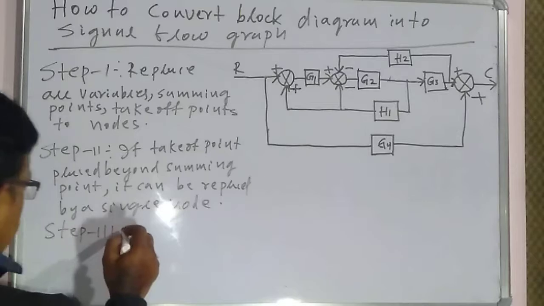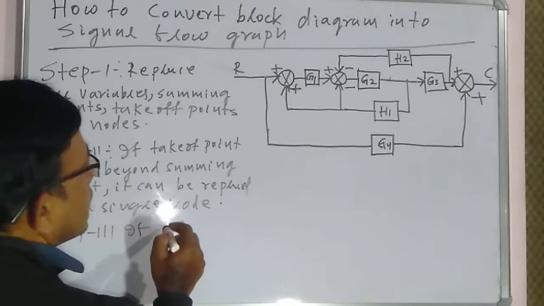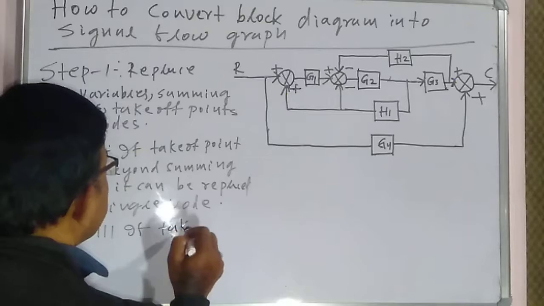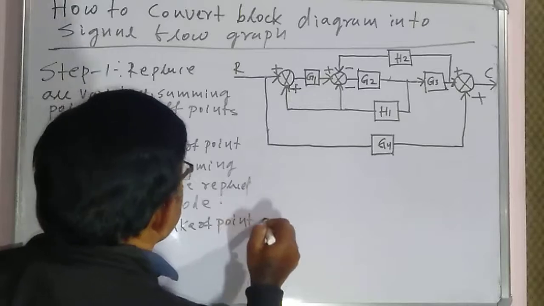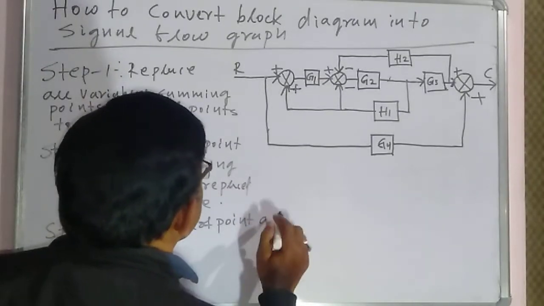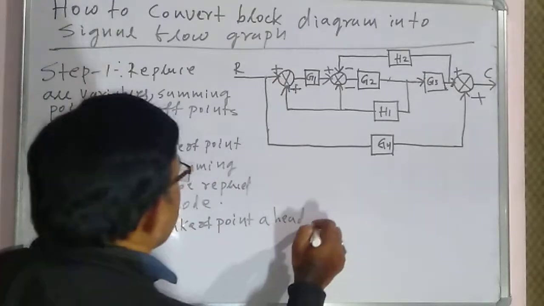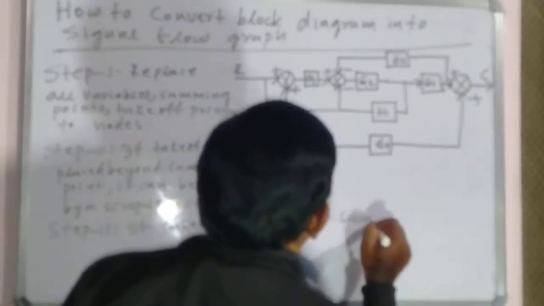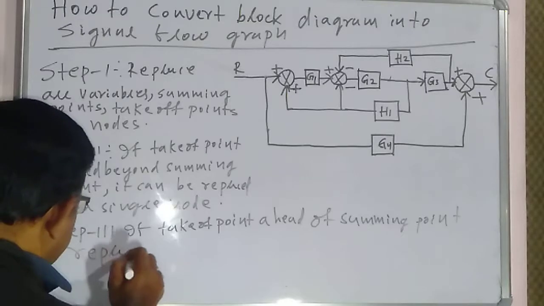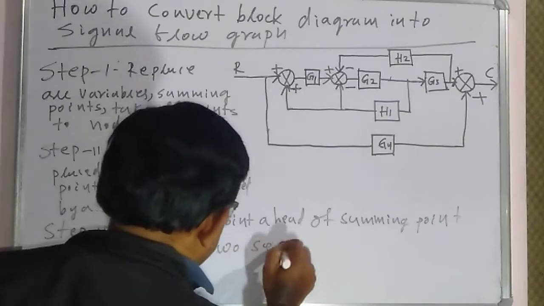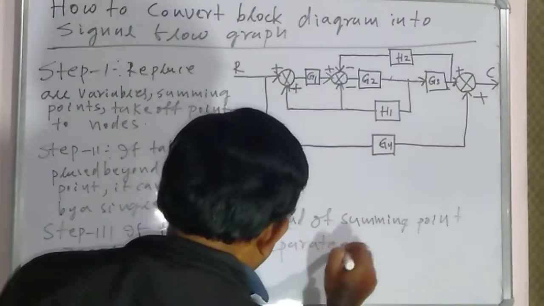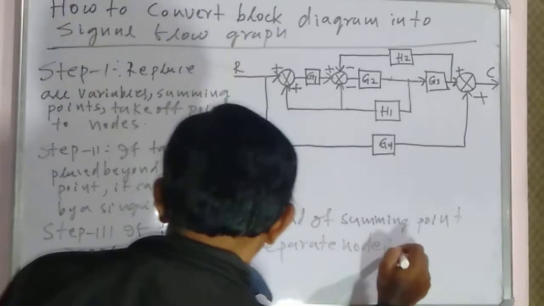So step 3: if a takeoff point is ahead of a summing point, replace by two separate nodes.